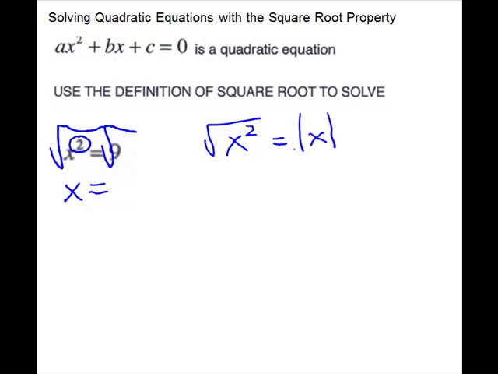So we're not told that x is always positive. So x could be anything here. So we're going to get two solutions. We will get plus and minus the square root of 9, plus and minus 3, because positive 3 squared is 9, and negative 3 squared is 9.